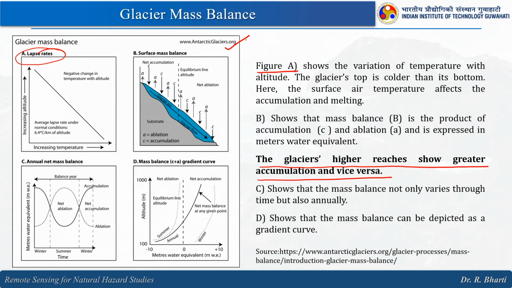We will have a separate discussion on the glacier mass balance. This is just for your information that glacier mass balance is one of the major parameters that we need to study to see the status of glacial lakes as well as the glaciers, right.